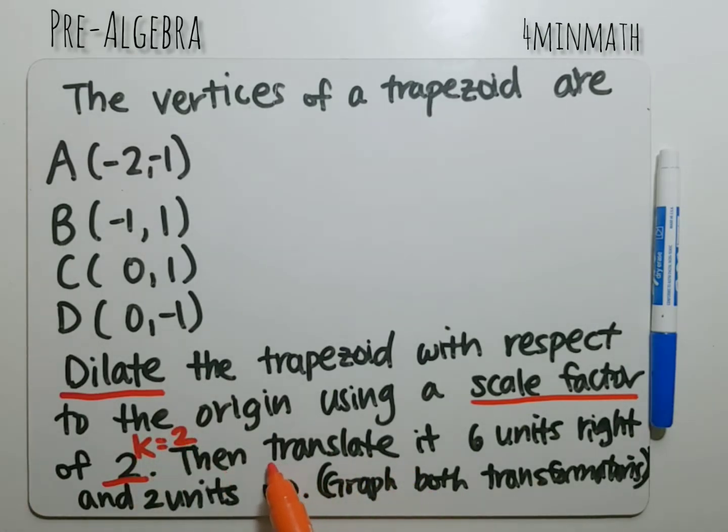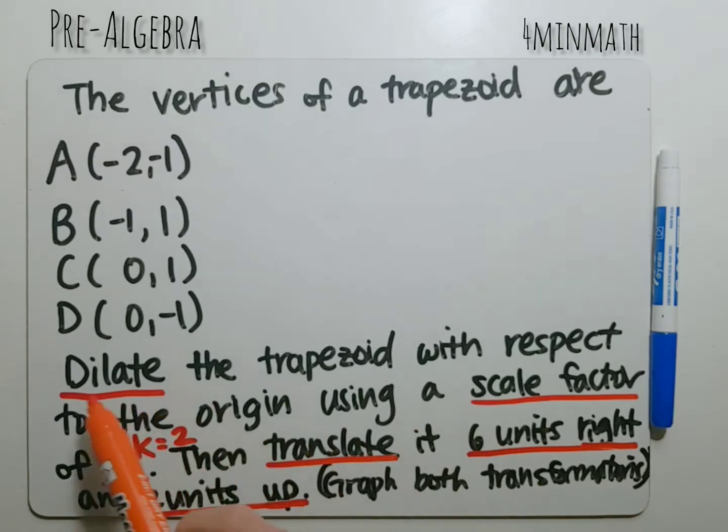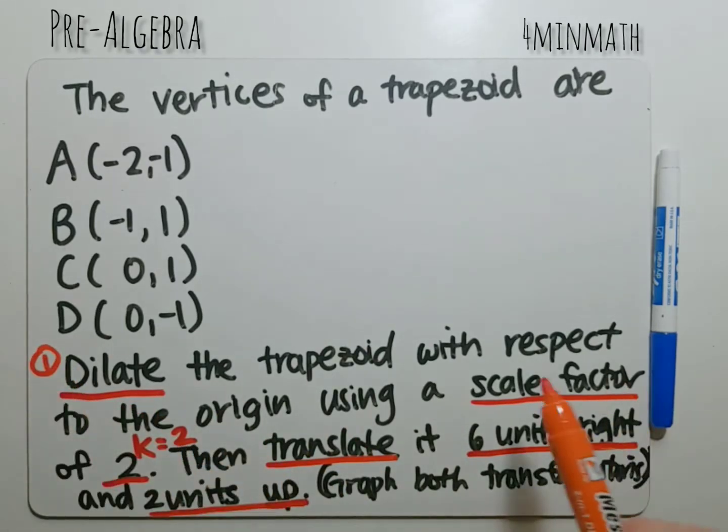Then translate, that's my next transformation. Translate the figure 6 units right, that's important, and 2 units up. So right and up. We're going to talk about these rules together also. We're going to graph both of the transformations. So dilation is the first transformation, and then translation is my second transformation.